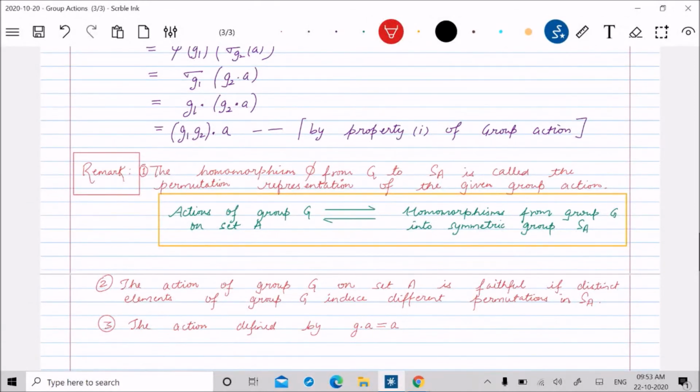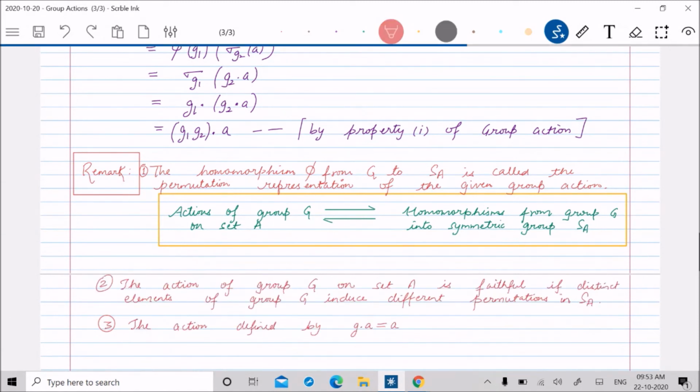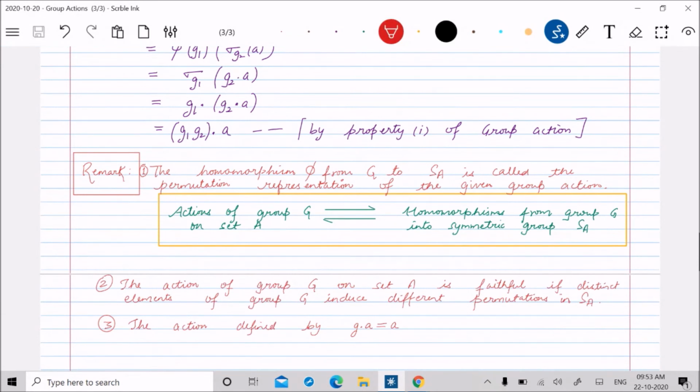And if it happens for all of G, not just for a single g, because there will of course be the identity element, and e dot a equal to a is always true. If the identity element acts on the set A, then the result is the same, there's no disturbance in the sequence. But a few actions are there where all the elements of group G do not disturb the position of any element little a.